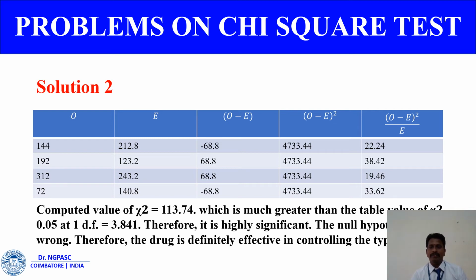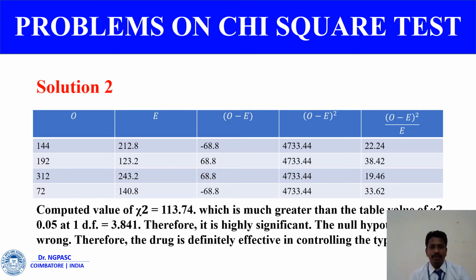Next, to calculate observed frequency minus expected frequency whole square divided by E. 4733.44 divided by 212.8 gives the answer 22.24.